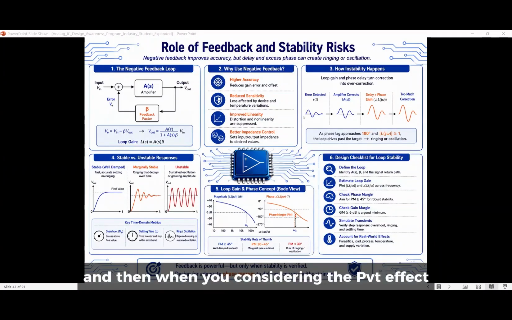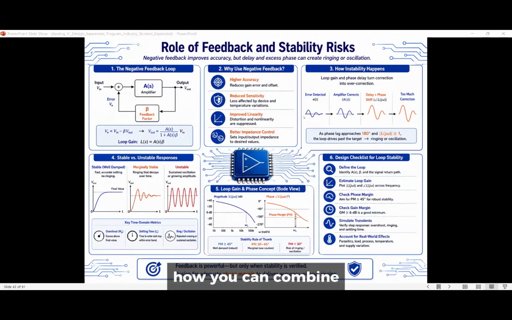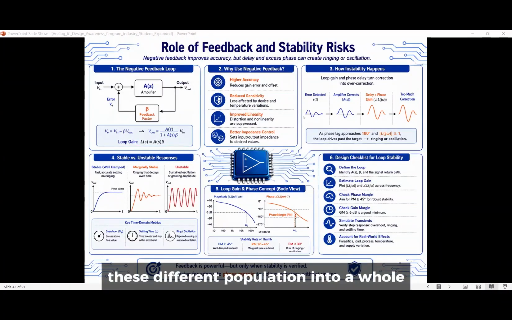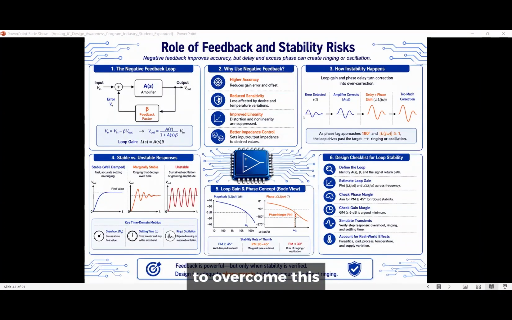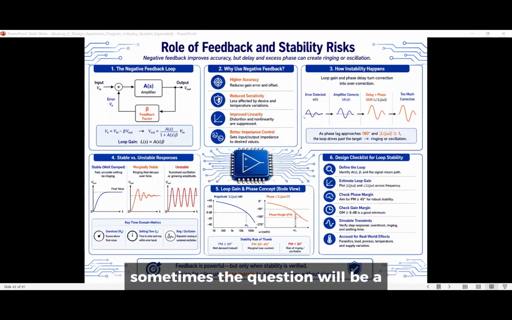And then when you consider the PVT effect, how can you combine these different topologies into a whole to overcome the PVT? Sometimes the question will not be very difficult, but it's a real case design. It cannot be a single transistor.